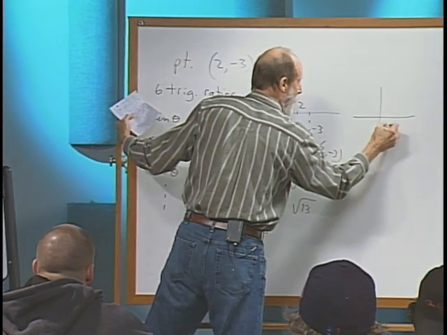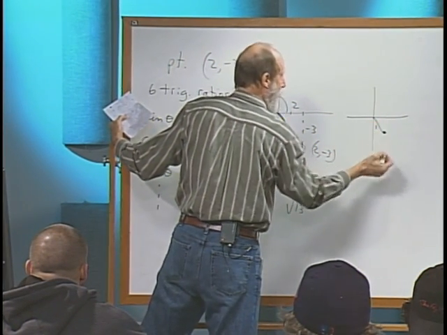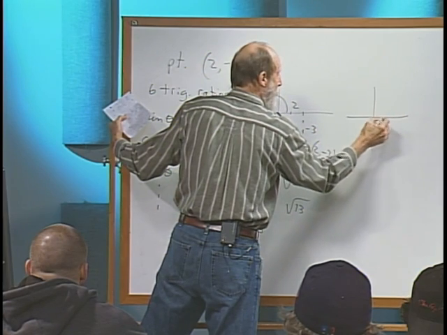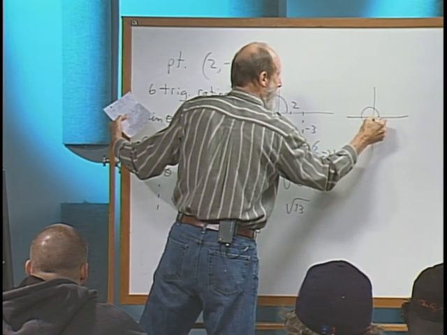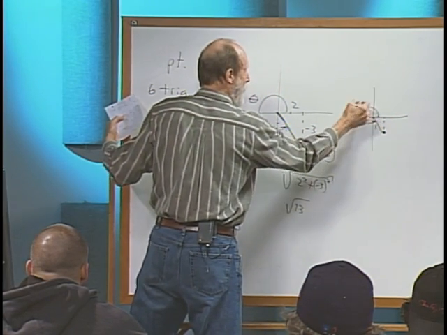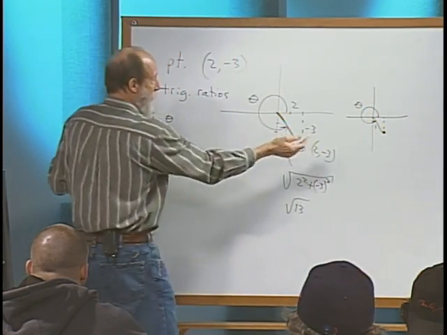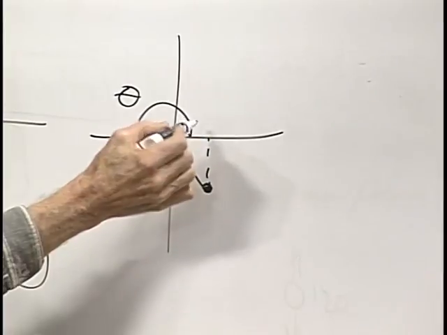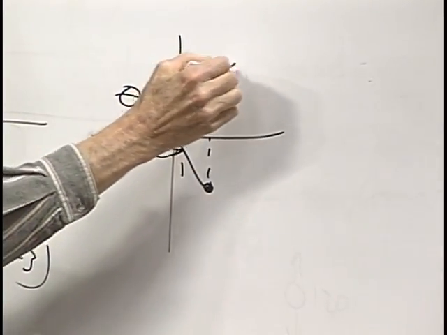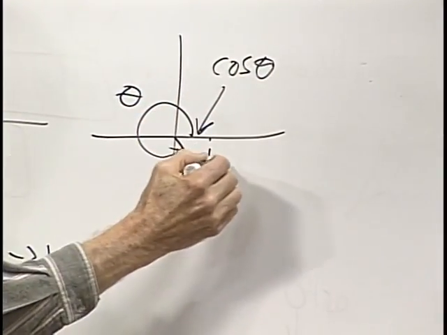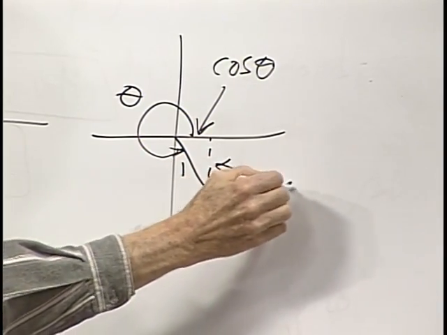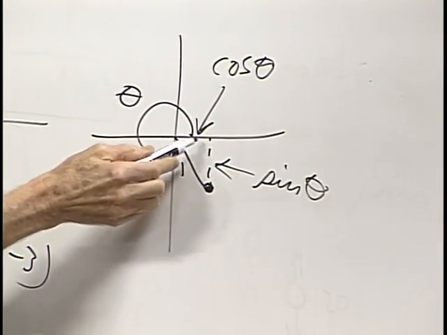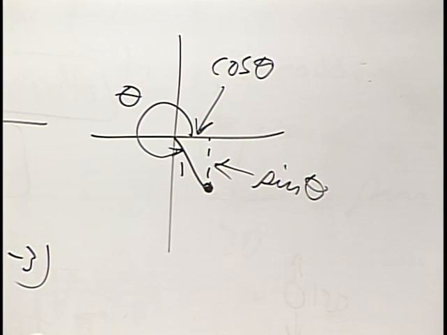I'm drawing it a little larger than it would be. That would be a 1, and that little triangle with the same theta but a terminal side length of 1 has sides that are your cosine of theta and your sine of theta. That little triangle and this large triangle are similar, so the ratios are still the same.